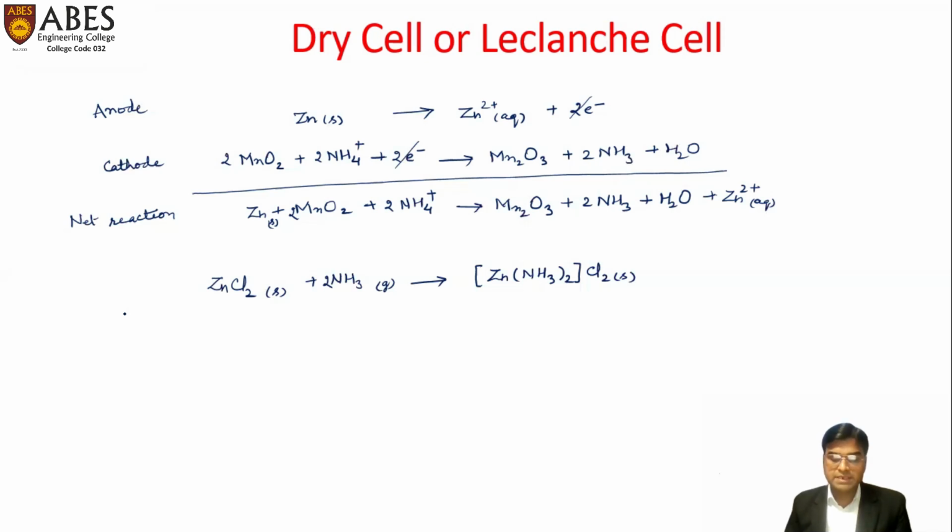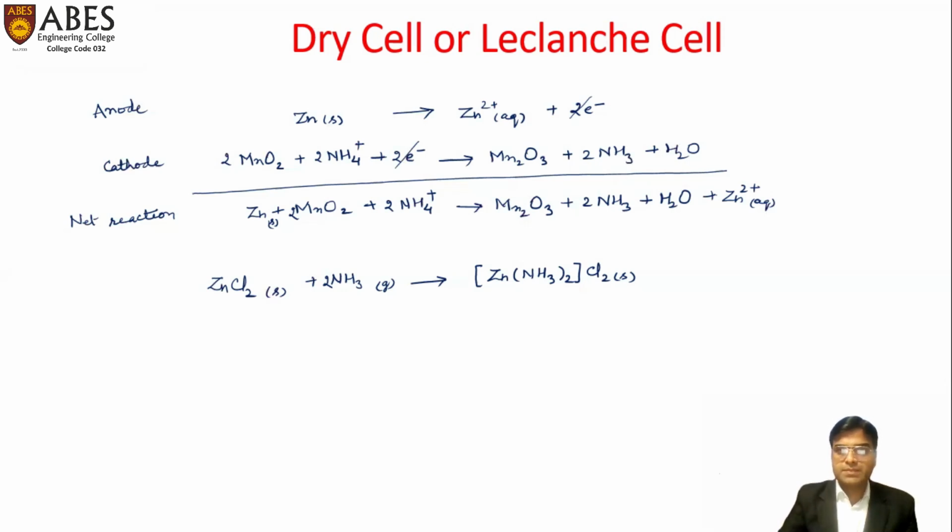And the second major disadvantage is that this cell becomes dead after a long time, even if it is not used. However, it is frequently used in various applications like calculators, transistor radios, flashlights, wall clocks. So these are the places where the dry cell is used.